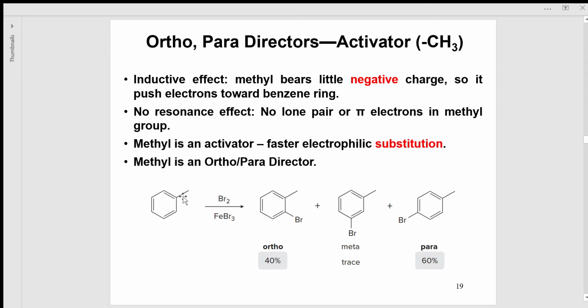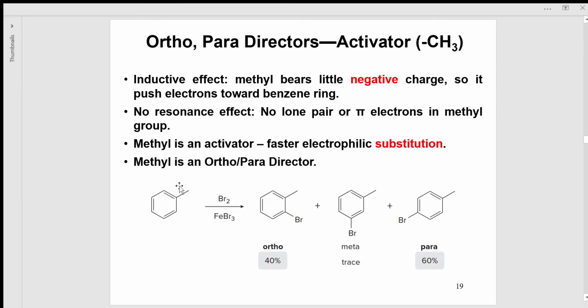So this reaction is faster than the bromination of pure benzene. If we check the substitution reaction product, we find 40% on the ortho position and 60% on the para position. The meta product is a trace, less than 1%. Again, this is the activator's effect.